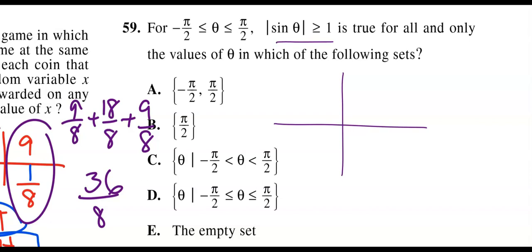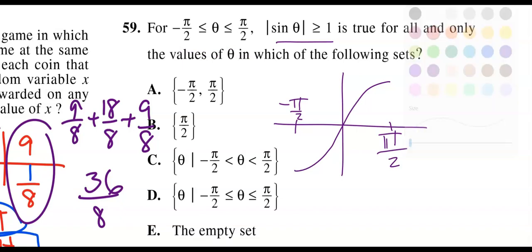The sine function normally from negative pi over 2 to pi over 2 looks like this. From negative pi over 2 to positive pi over 2. Now that's the normal sine function right there. But they threw in this absolute value thing.